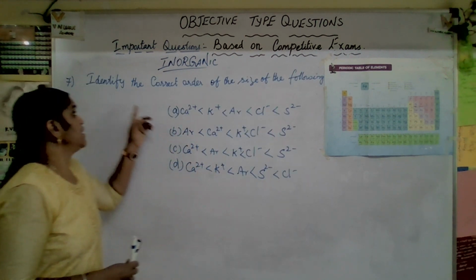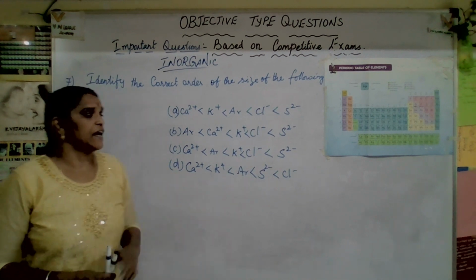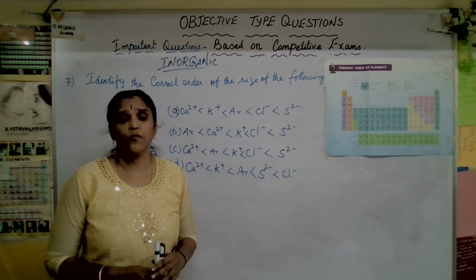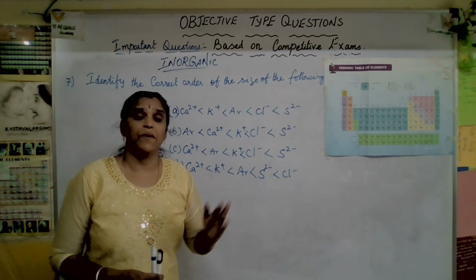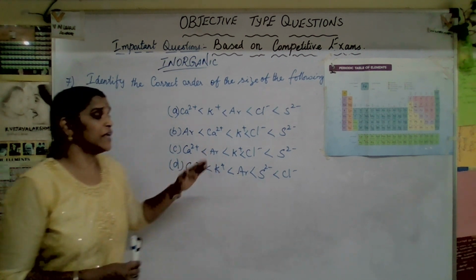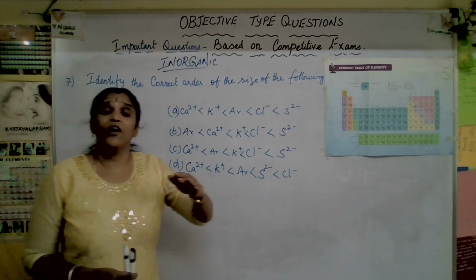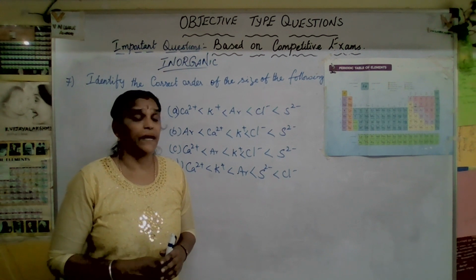The next question: identify the correct order of the size of the following. As you look at this, you will know these are isoelectronic species, you know very well, atoms or ions having the same number of electrons. That is what we went through in the first question. Here also the same answer: ionic radii decrease as the atomic number increases.